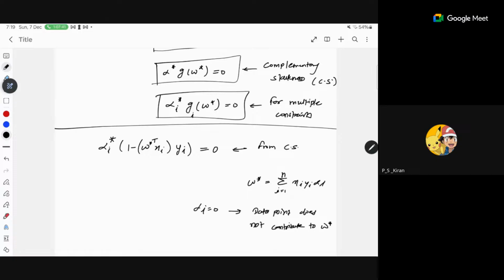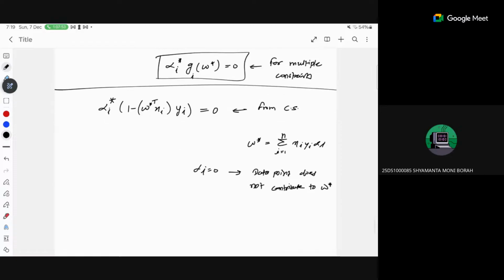It decides the separating hyperplane, correct? Because w star is a linear combination of all the data points, if alpha i star equals 0, that data point does not contribute to w star.